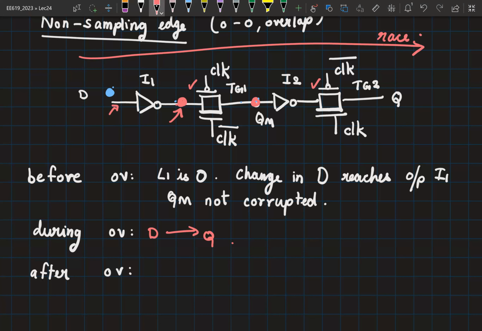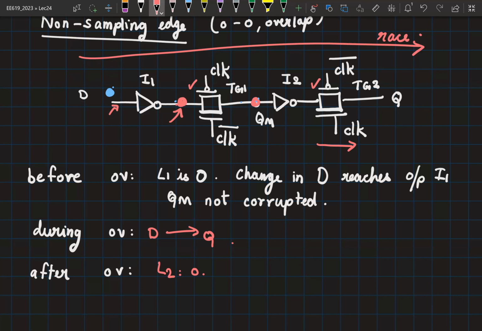What happens after the overlap? L1 is transparent, L2 is opaque. Right? So now if you make sure that before L2 turns opaque, your data doesn't cross this transmission gate, then you are safe. Correct? Is this clear? If it crosses the transmission gate, then of course Q changes.